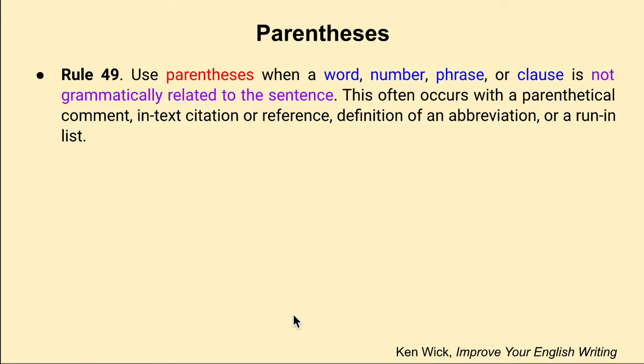Rule number 49 is use parentheses when a word, number, phrase, or clause is not grammatically related to the sentence. This often occurs in these situations: a parenthetical comment, an in-text citation or reference, definition of an abbreviation, or a run-in list.